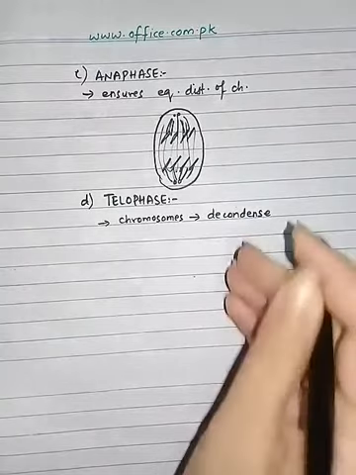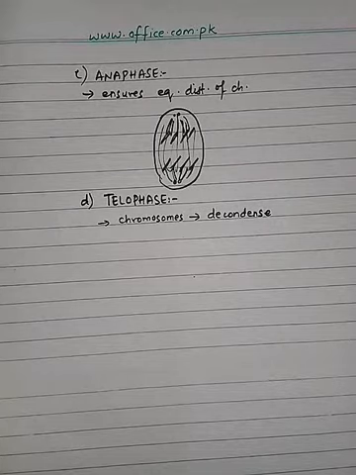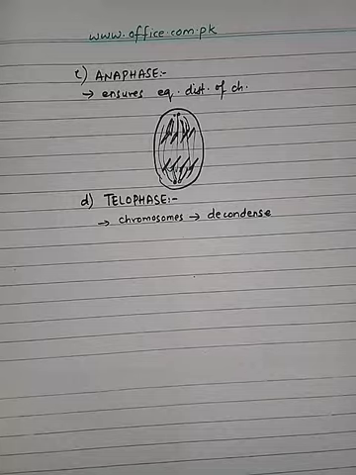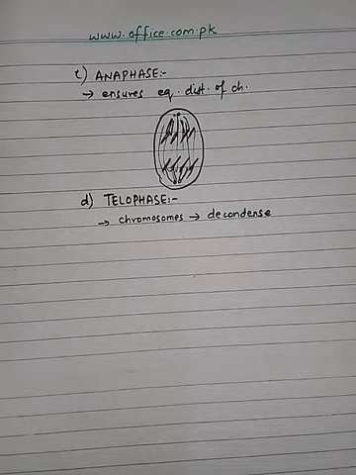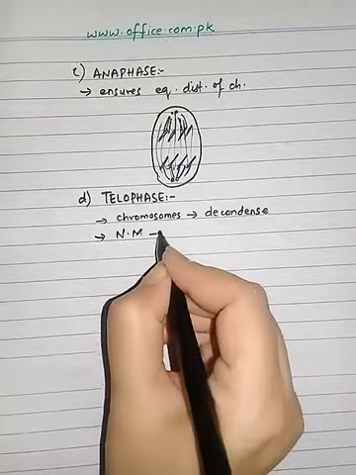They will again start to become less visible. The chromosomes will decondense due to the process of unfolding. They became condensed by the process of folding, and now they are becoming decondensed with the process of unfolding, and ultimately they will disappear. Now the nuclear membrane will reappear.